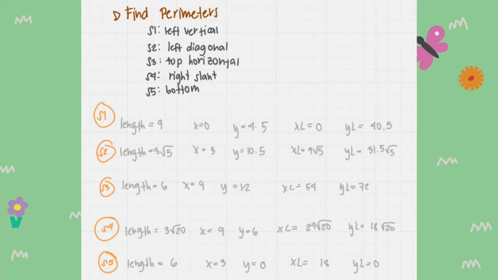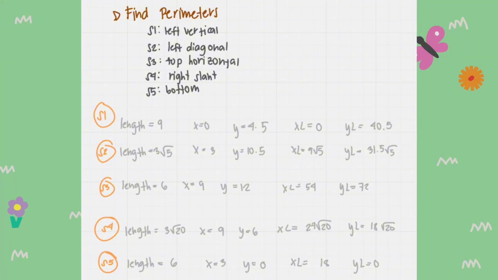Now we solve. For perimeter 1, which is the left vertical, length is equal to 9, x is 0, y is 4.5, so x times length is equal to 0 and y times length is equal to 40.5.